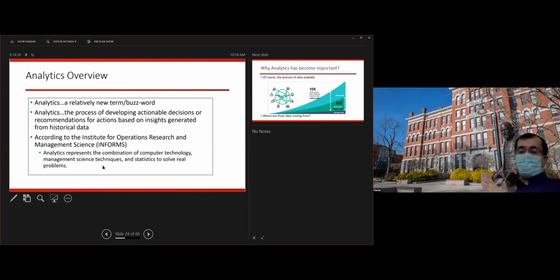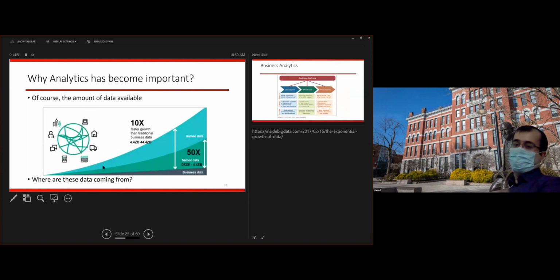So generally speaking, analytics represents the combination of computer technology, management science techniques, and statistics to solve real problems. Which I think we already talked about. We are not talking about the business analytics major; we generally talk about analytics.